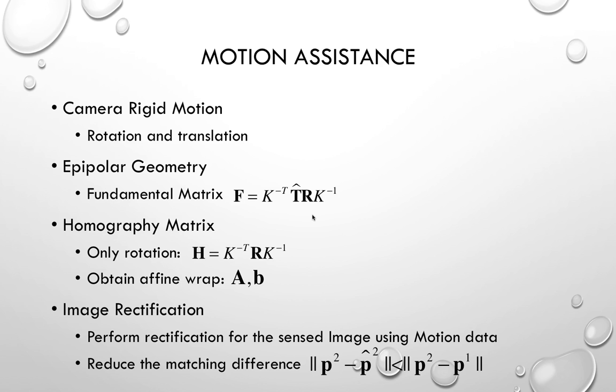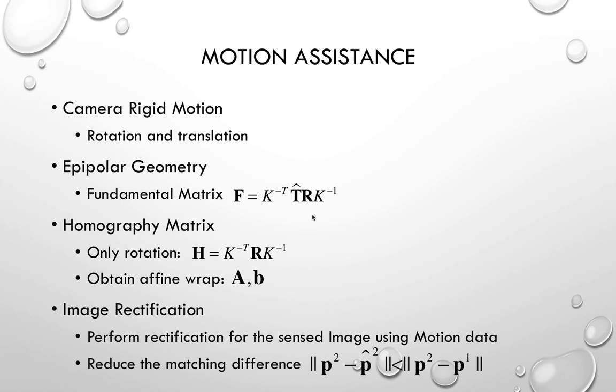The last step is to perform image rectification. The reason we perform image rectification is to simplify the matching process, because image matching is a local matching process. It has a converging region. So if the two images are more similar to each other, they may have a very high probability of matching.